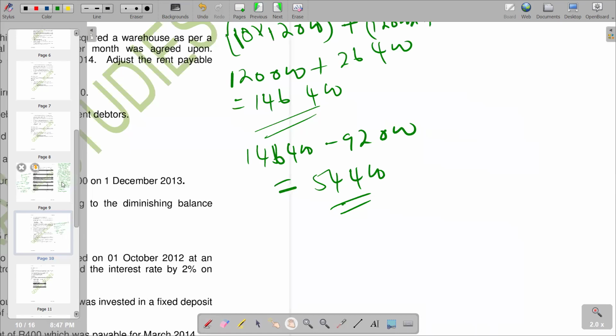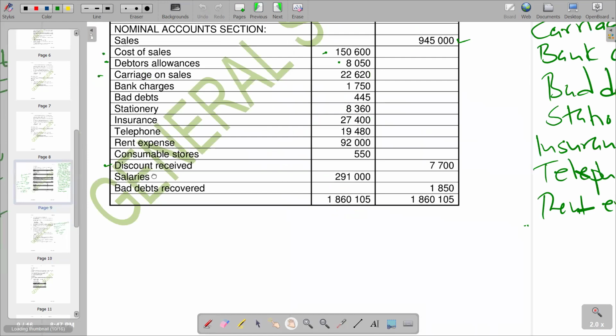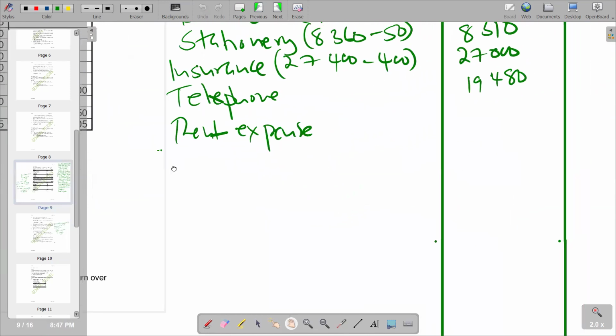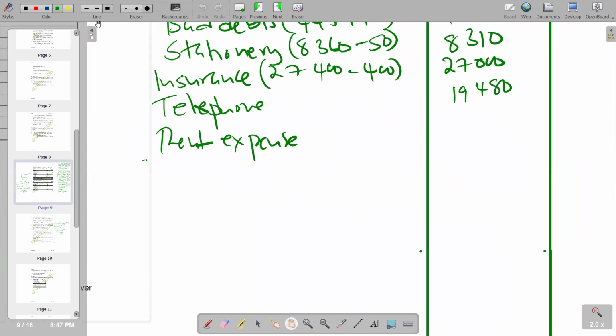So when you come here, we are saying the rent which is supposed to be for the period is 146,400. But in your calculation, you have to provide for the outstanding rent, whereby we are saying 92,000 plus 54,400.